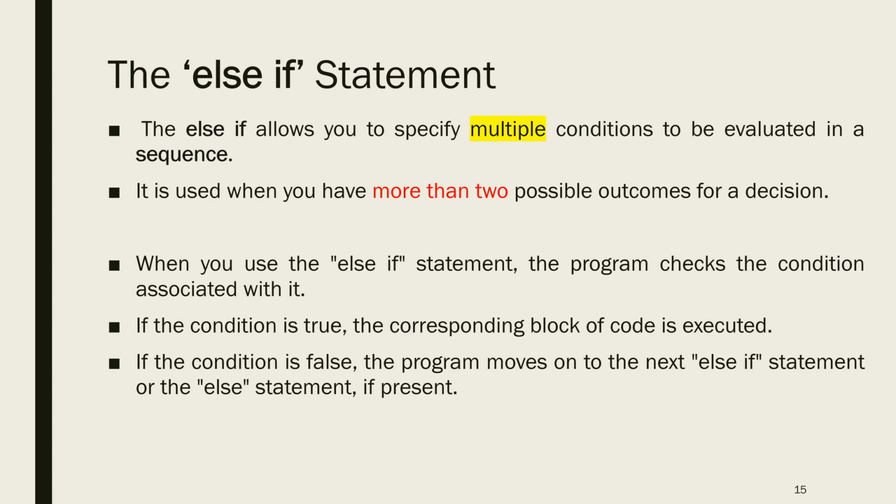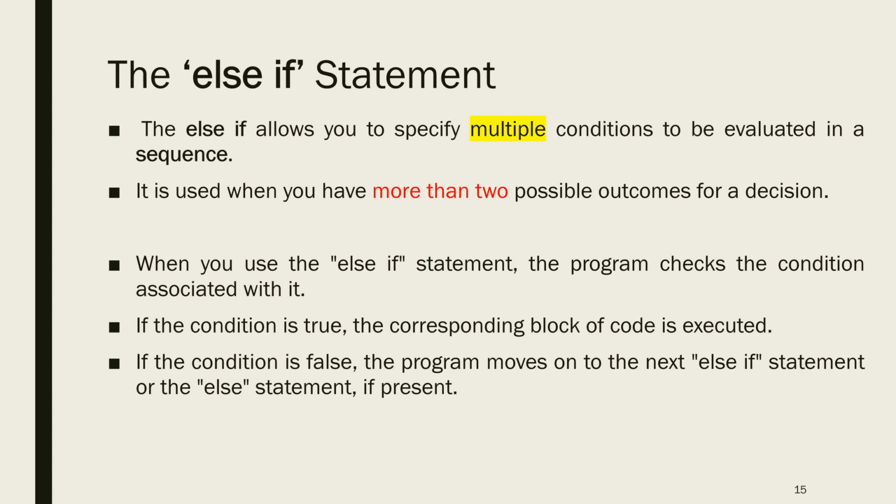So when you have just one main condition to check and you are interested in having an alternative branch if the main condition fails, then you use just the if-else statement. If you have just one condition to check and you are not interested in any alternate path, then you just use an if statement. If an if statement is standing alone without an else clause attached to it, we call it a freestanding if statement, or a standalone if statement, or an independent if statement, right?